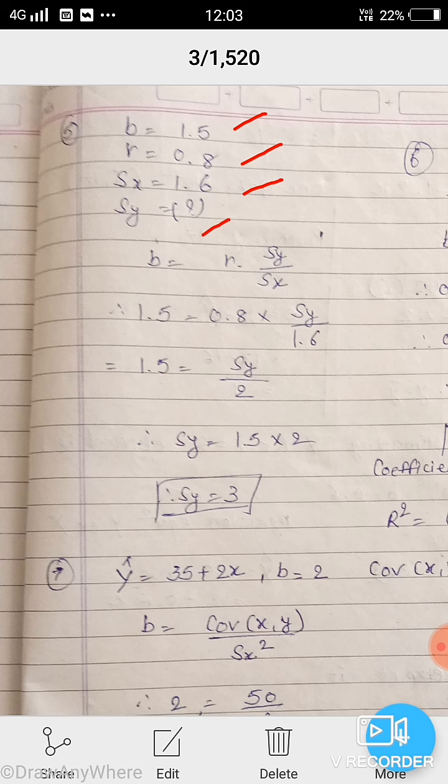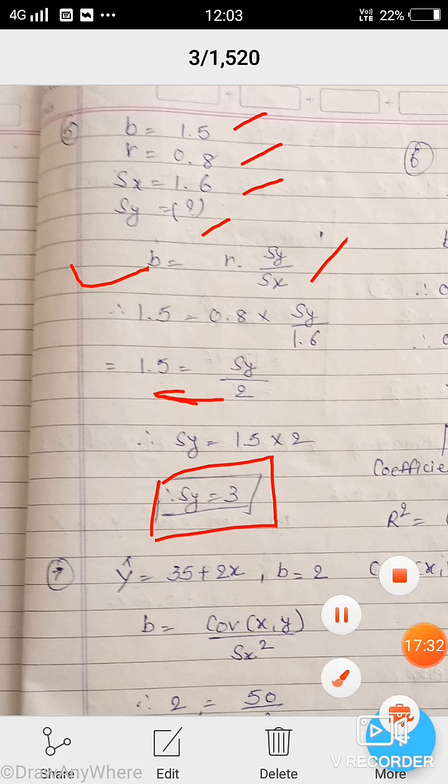Whenever r is given, there is a short formula: b is equal to r into sy upon sx. Each value is given, so put the values, make cross multiplication, and then find the answer. So sy comes to 3. This is the simple one. If you know the formula, you can get full marks.